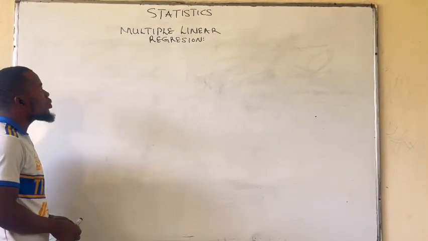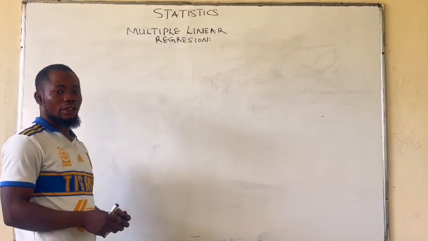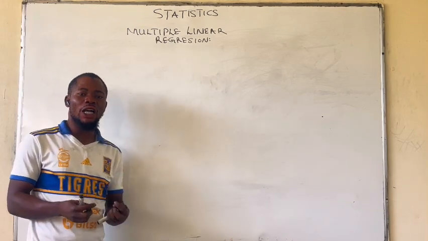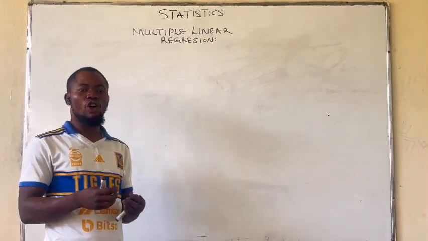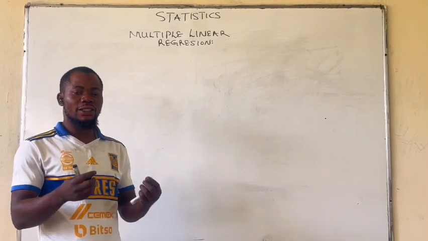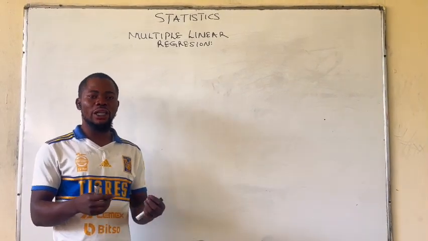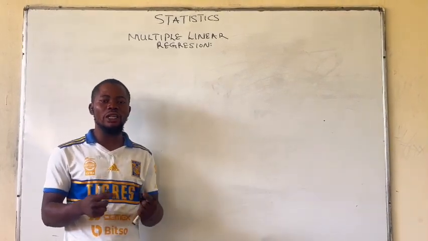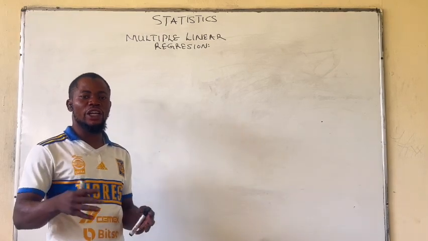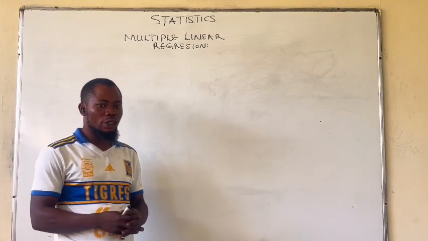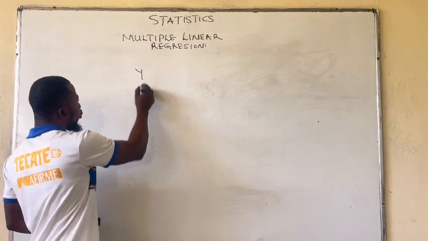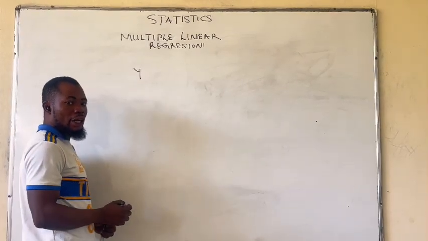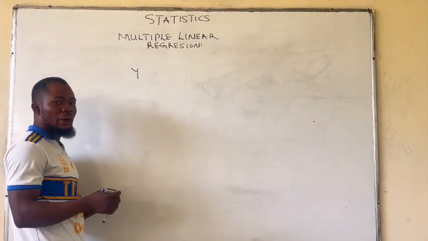So multiple linear regression is a statistical method that allows us to study the relationship between two or more variables. It deals with only one dependent variable, but many independent variables, such that you can be having only one y as our dependent variable, but many independent variables.